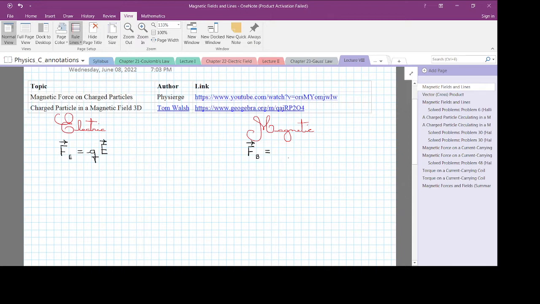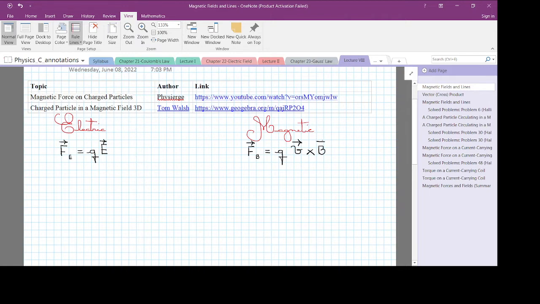And the expression that we can find experimentally is that the magnetic force generated on a particle moving in a magnetic field is just the product of the magnitude of the charge times the vector product between the velocity of this charge and the magnetic field.